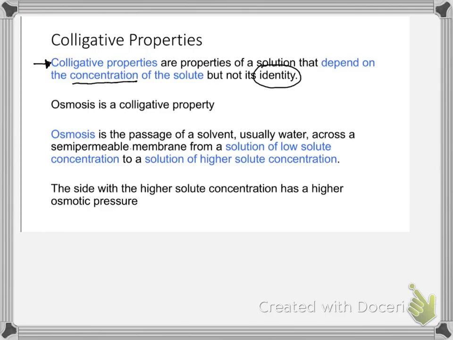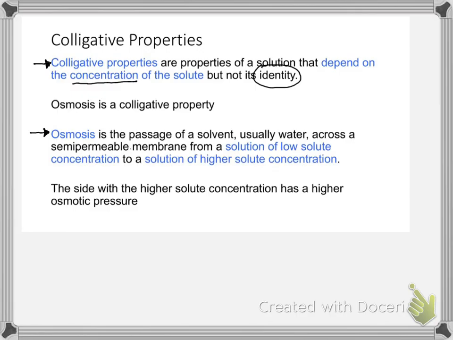Okay, so here is the definition of osmosis from your book. It's the passage of a solvent, and for our situation, that solvent is going to be water, across a semi-permeable membrane from a solution of low solute concentration to high solute concentration. So I want to think about a few of these words.